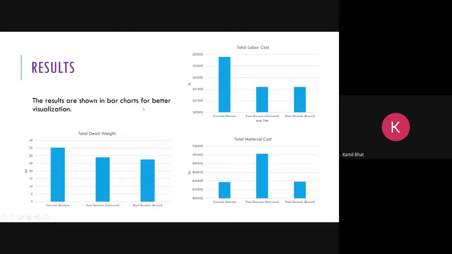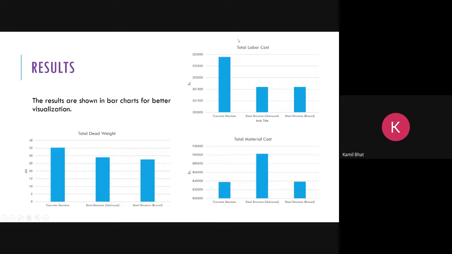Now here there are bar charts for simple visualization of these results. As we can see, dead weight of steel braced and unbraced was less than concrete structure, because concrete structure is kind of inefficient, while in steel structure we use I sections, which are more efficient, so they have less dead weight.